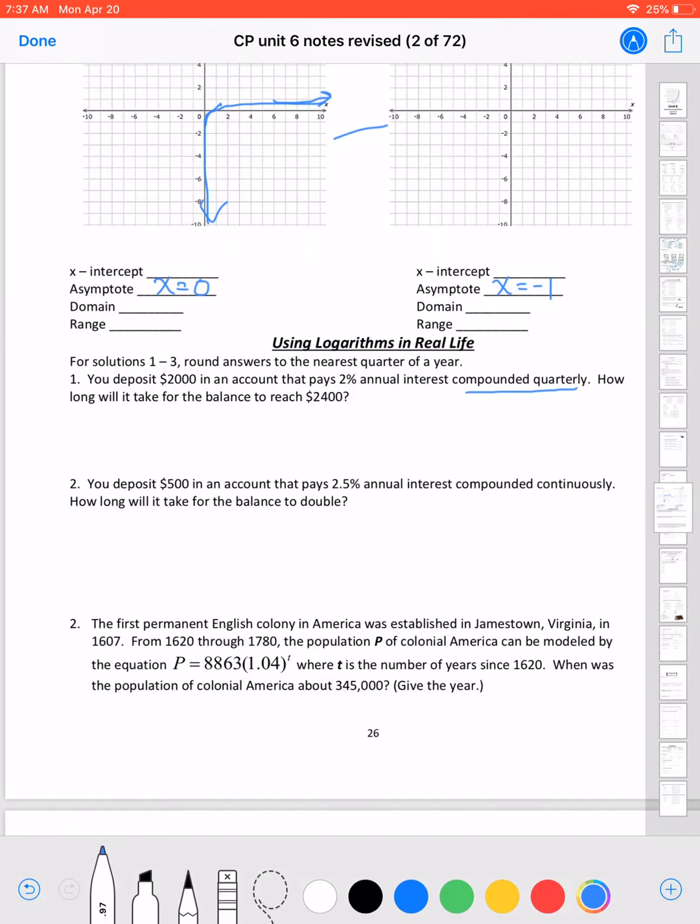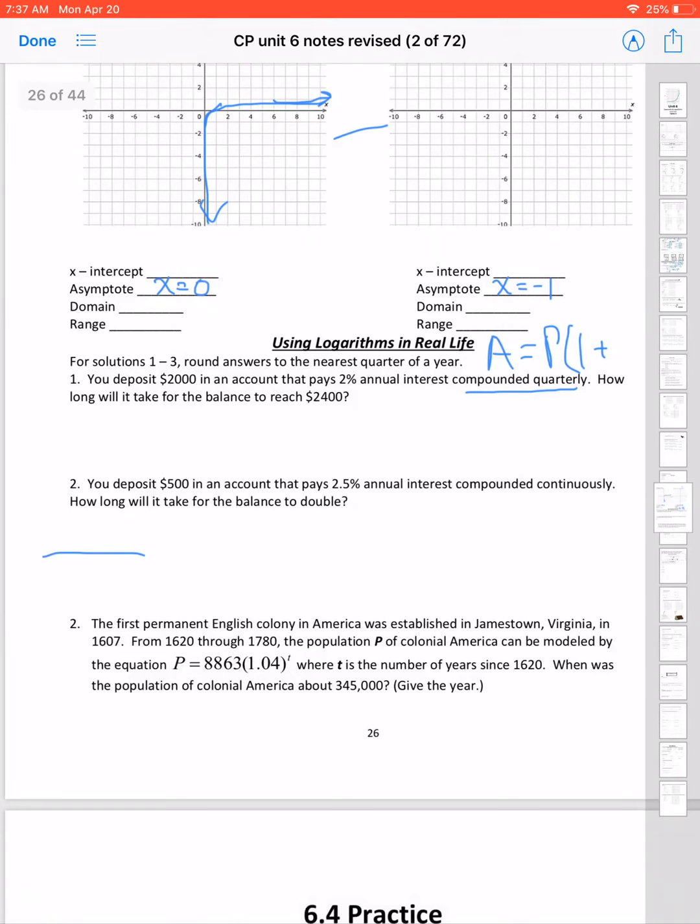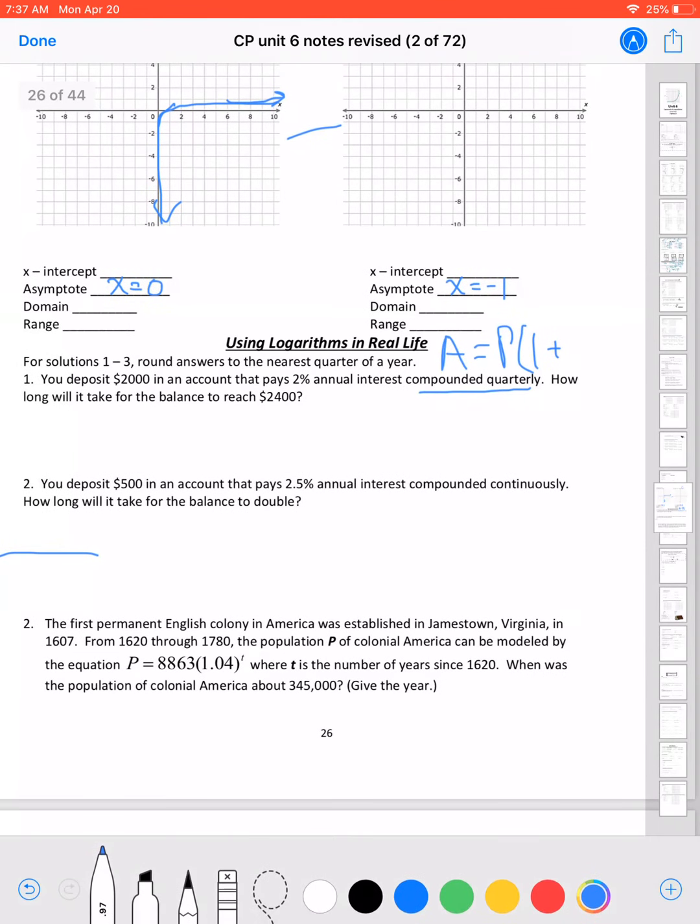Look back, we had this formula where A is equal to principal, times 1 plus the rate divided by the number of times it was compounded a year, to the power n times t.